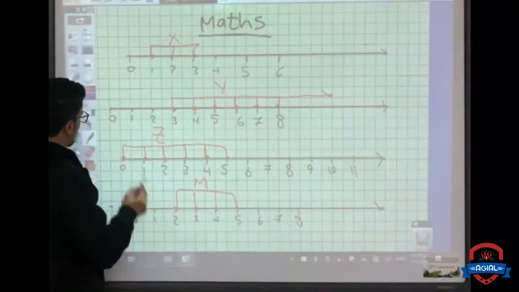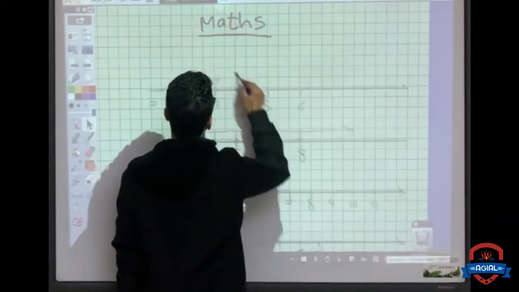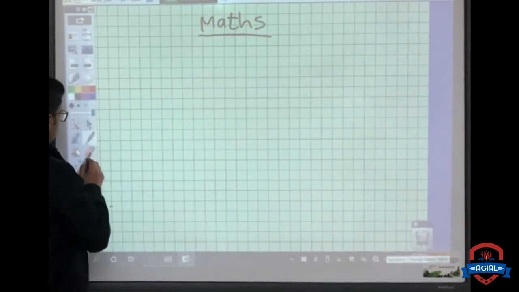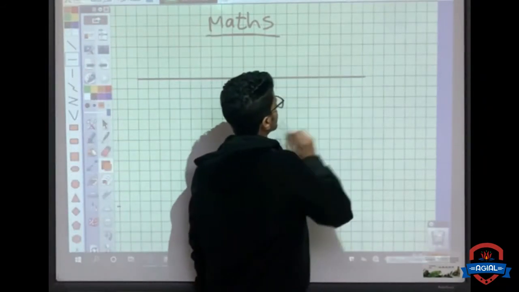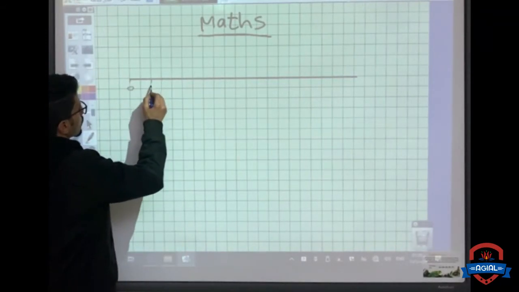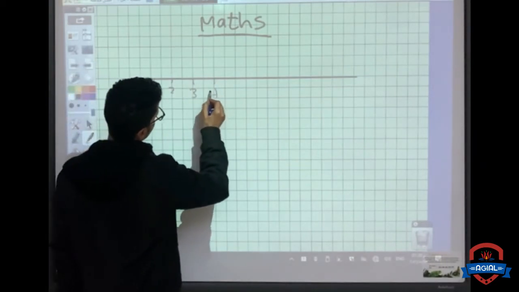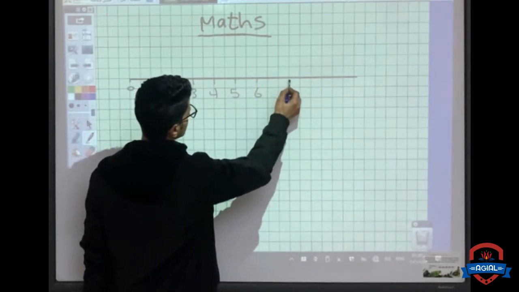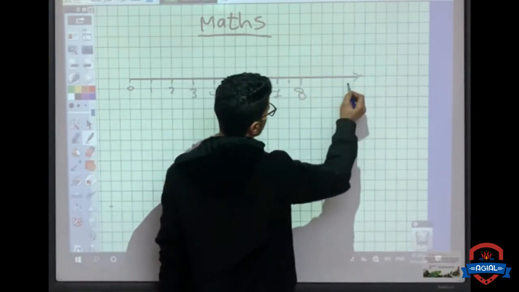And we need to represent them on a number line. So we have to draw a new number line. Okay, we start by drawing a line. Now we start with 0, 1, 2, 3, 4, 5, 6, 7, 8, and so on.